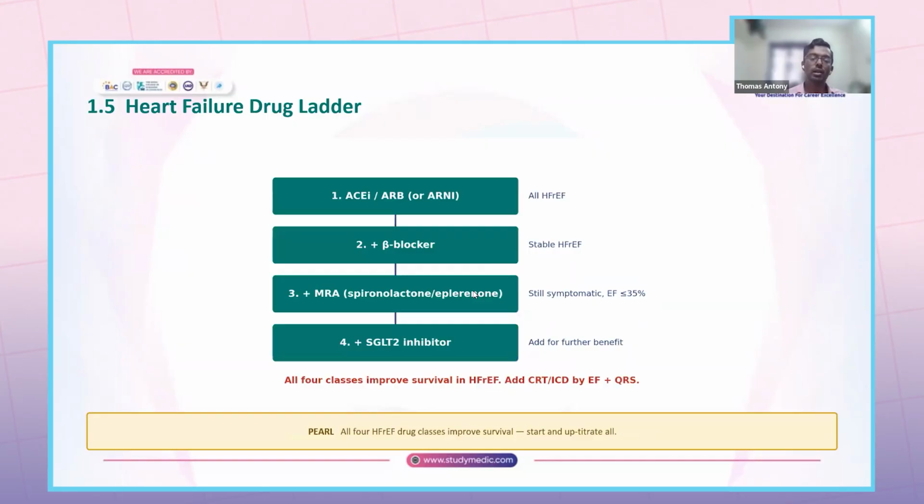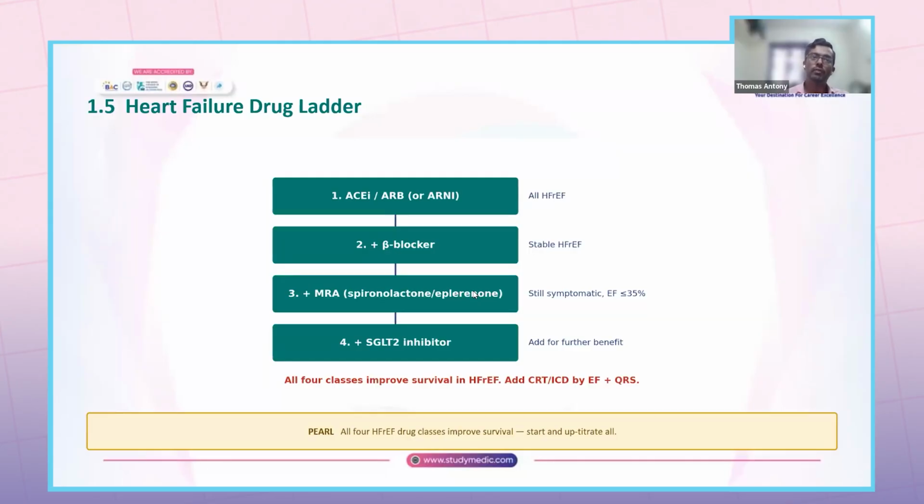Now this is the heart failure ladder. This is also an important topic. So in all patients with heart failure and reduced ejection fraction, we are supposed to start on ACE inhibitors or ARBs or even ARNIs. Once the patient is started on that, you have to add a beta blocker.